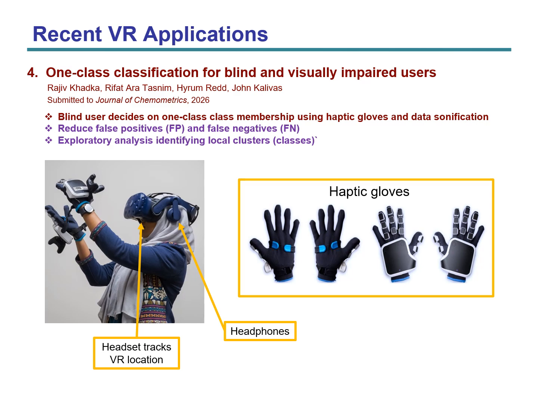In our fourth project, which is kind of interesting, we took blind people with some with no science background, and we explained how the data is going to feel and sound. And they were doing one class classification and also reducing the number of false positives and false negatives just based off how the data felt and sounded.